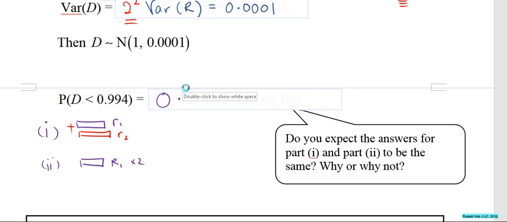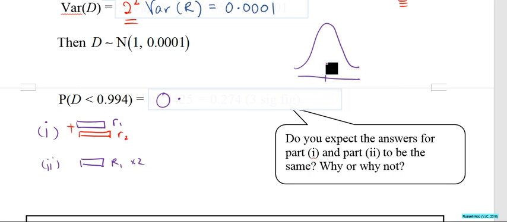Did you all manage to get the answer? It's different from part 1, right? 0.840. Do you get 0.840? No, it cannot be 0.8. Let's say for example, not just Eugene, all of us, you got 0.840. You should actually think whether your answer is logical or not.